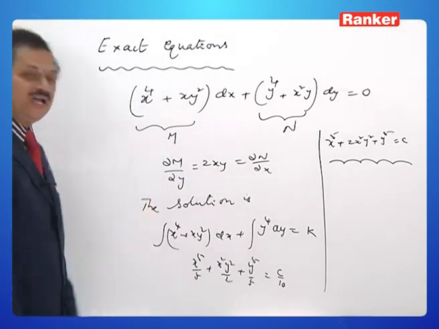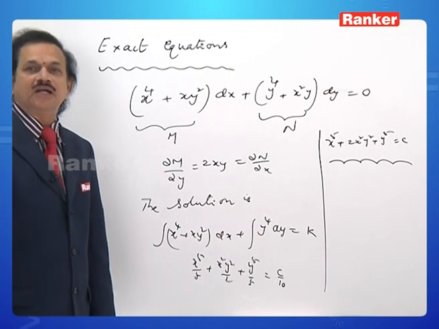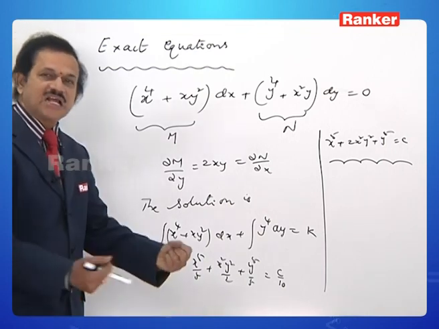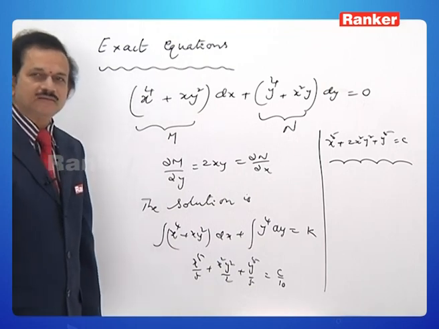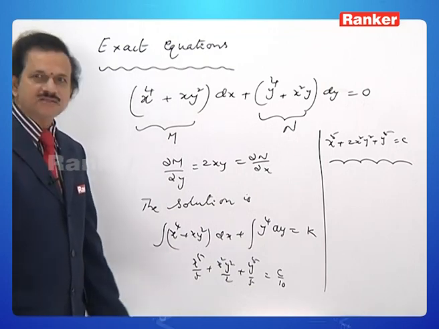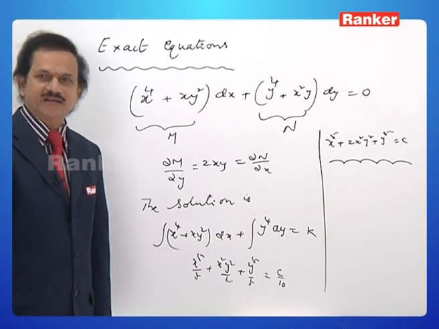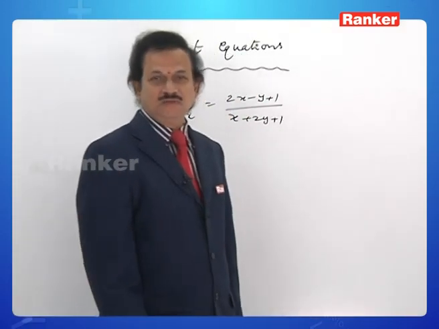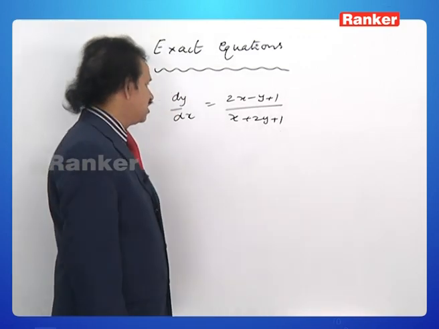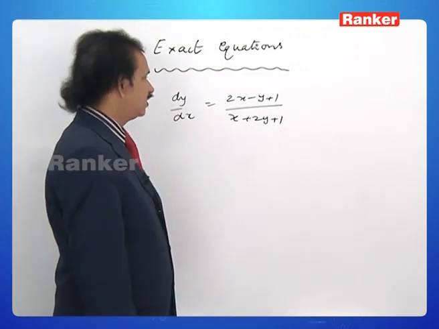This is about an exact equation, and the concept will be made clear and firm only if we go through some more examples. We'll now do that. Consider this equation, one more differential equation, which is in the form dy by dx is equal to.